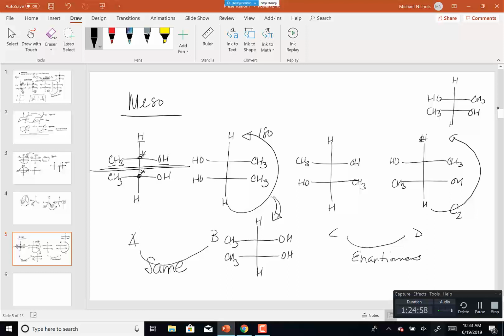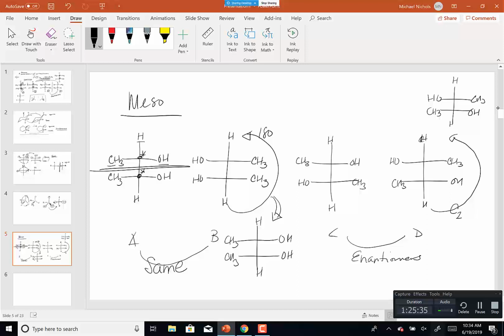But if that internal mirror plane of symmetry cuts through any carbons, they aren't chiral anymore. For meso, any carbons that the mirror plane cuts through would not be chiral. So if it cut through carbons, there still have to be two chiral centers in the molecule. The molecule has to have chiral centers.